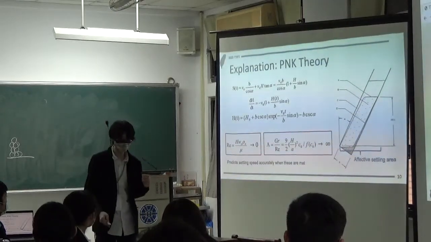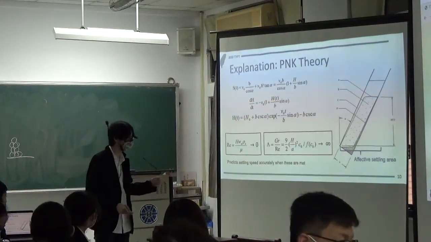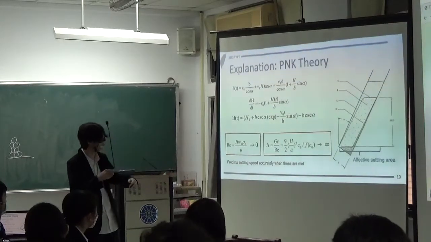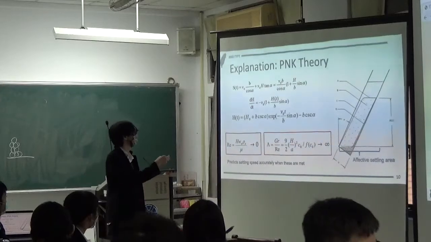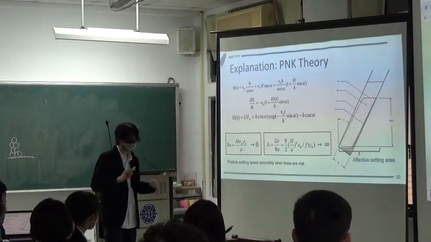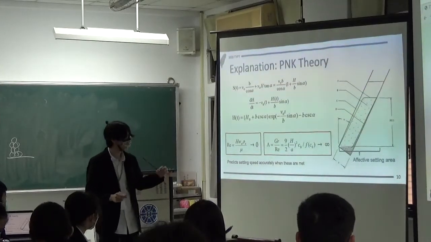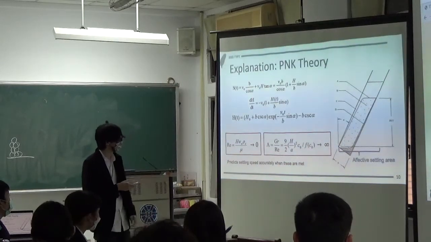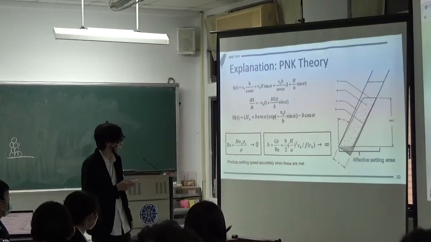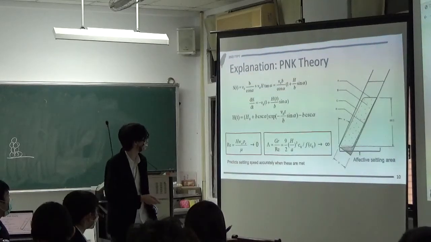PNK theory is developed to describe the settling rate of tilted settling. So S_T is defined as the settling volume, shown as the particle settling volume, and it is equal to the individual particle velocity times the affected settling area.